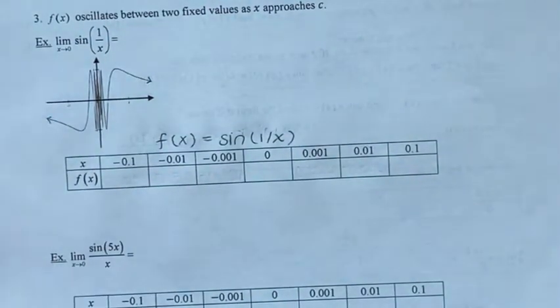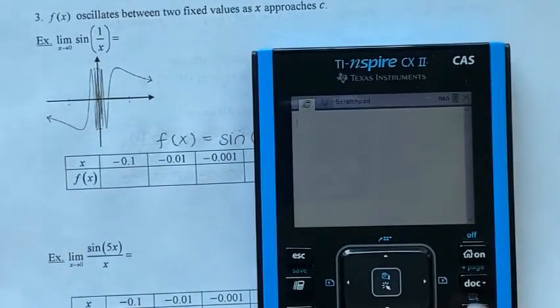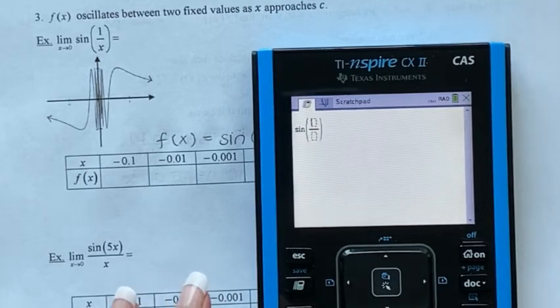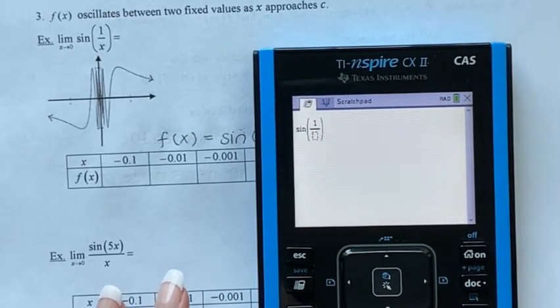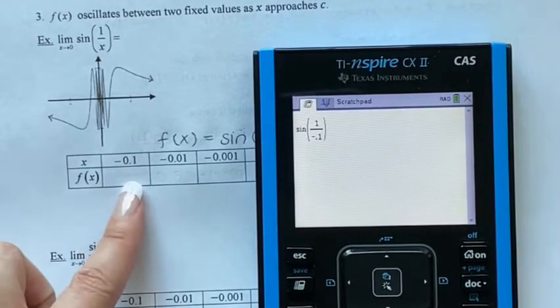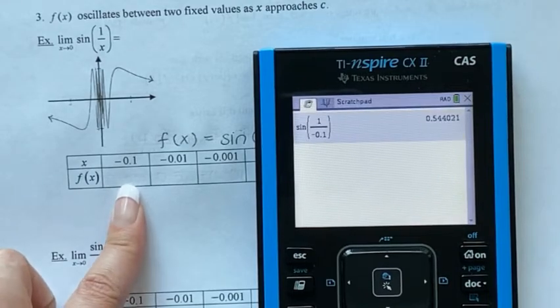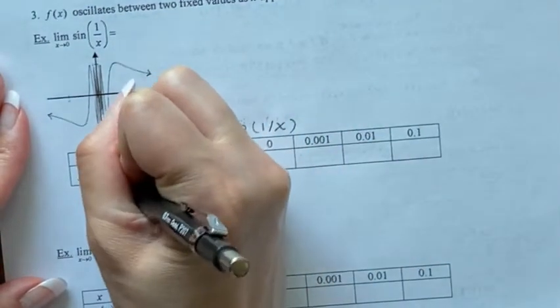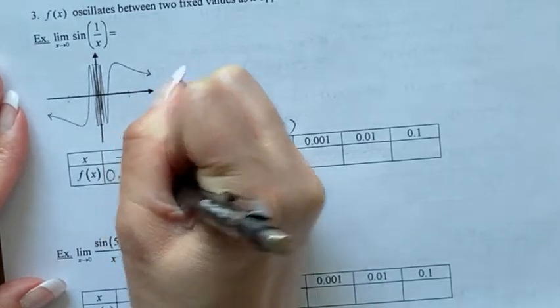Okay, so let's go to your calculator. You want sine of 1 over negative 0.1. That's the first one that I have over here. That value is going to be 0.544.